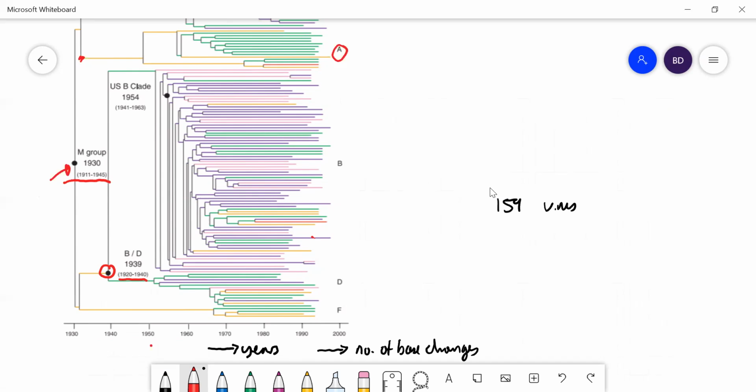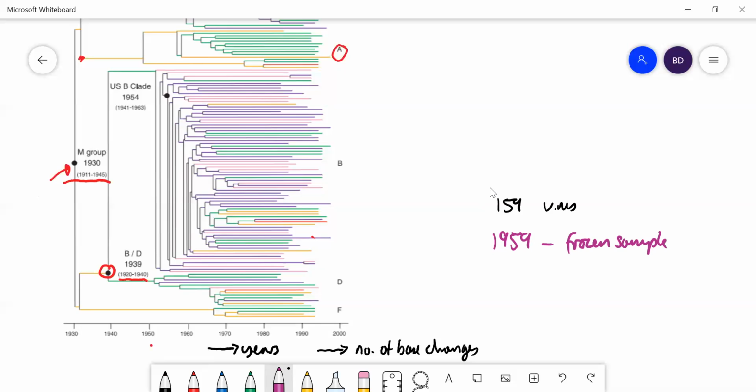Also, they had one sample taken in 1959. It's a frozen sample from a patient at a hospital in Africa, and when they retrospectively tested it, they found it contained the HIV virus.